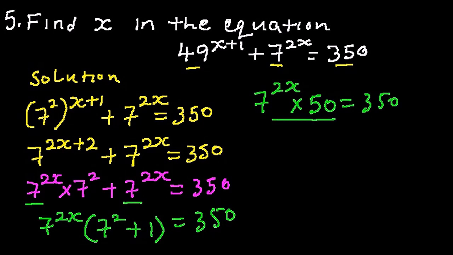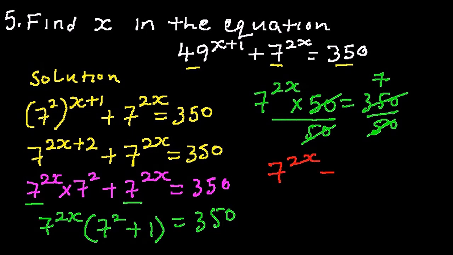So divide both sides by 50. So 50 divided by 50, you get 1. 350 divided by 50, you get 7. So it means that now we can say 7 to power 2x is the same as 7 to power 1.